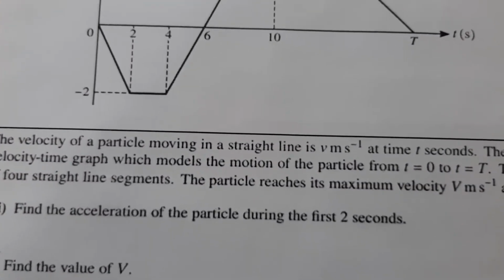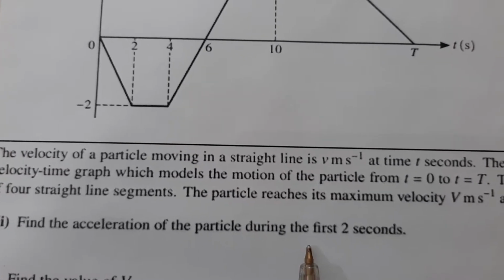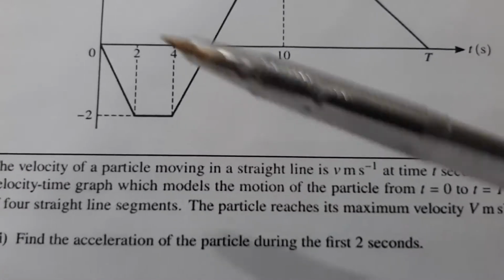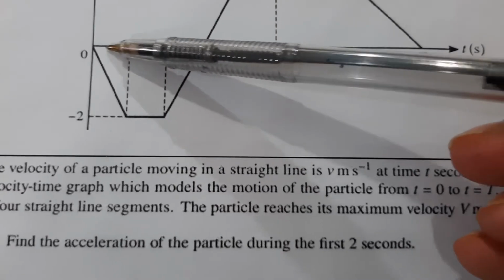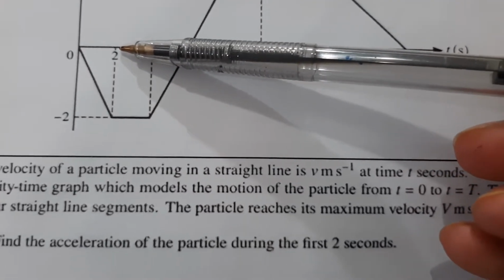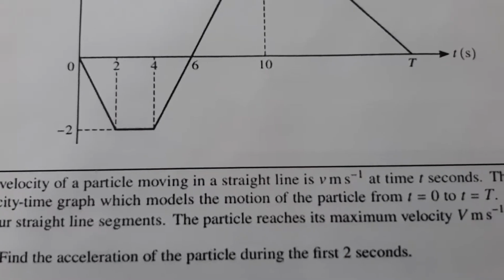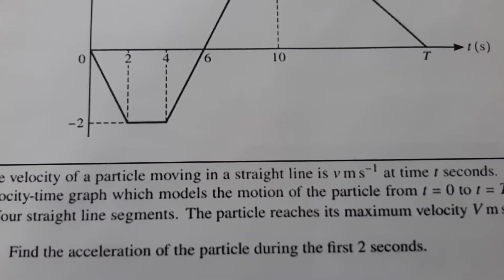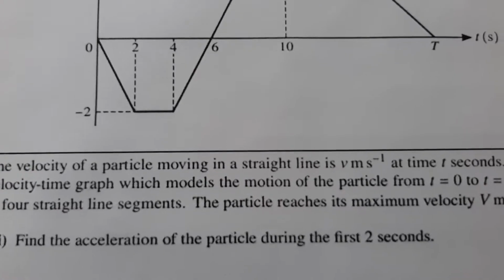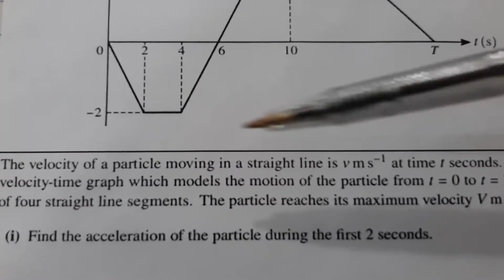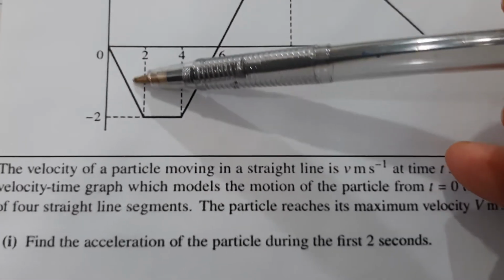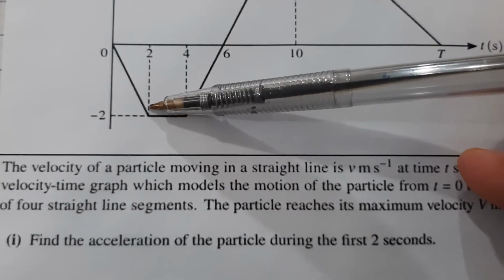Now, the first part of the question says find the acceleration of the particle during the first 2 seconds. These are the first 2 seconds, 0 to 2, and this is a velocity-time graph. So how can you calculate the acceleration? Do you remember anything I explained in the last video, or maybe you already know it? Yes, in the velocity-time graph, the gradient gives you the acceleration.